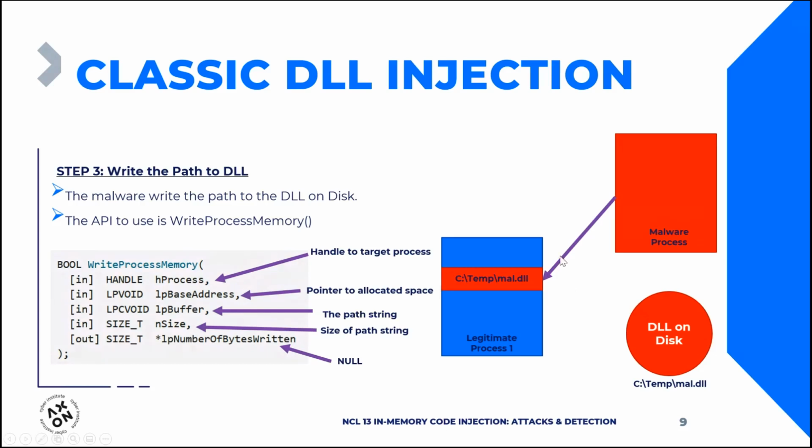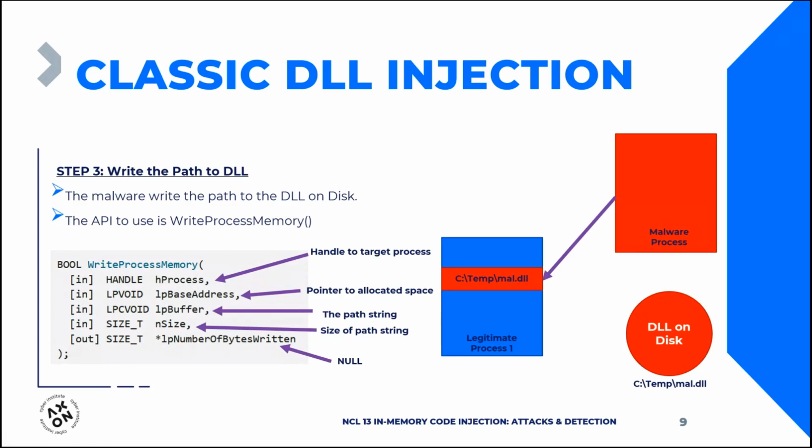Now we're gonna use another API, and that is WriteProcessMemory, in order to write into that allocated space. And we will write the path, C:\temp\mal.dll. We're gonna call WriteProcessMemory and give it a few parameters. The process parameter is the handle to the process, which is the same one we used in the previous call.